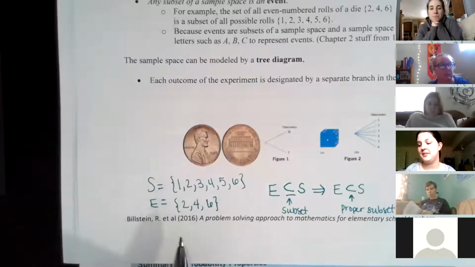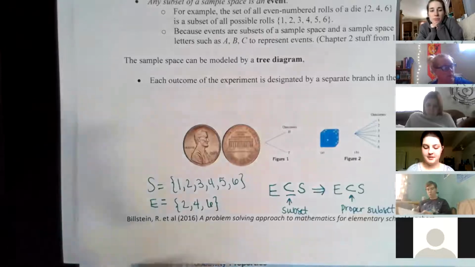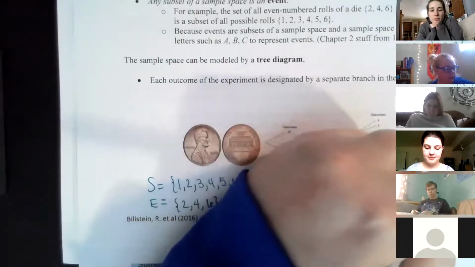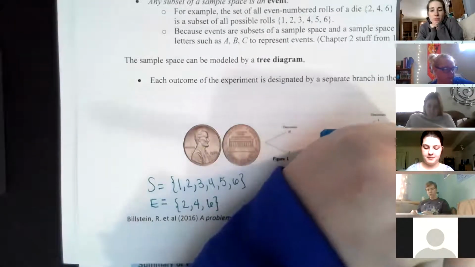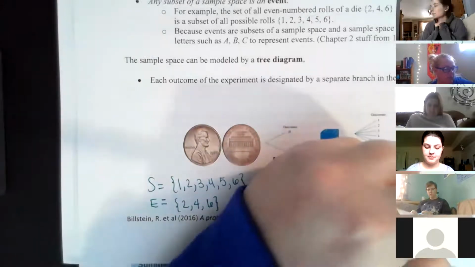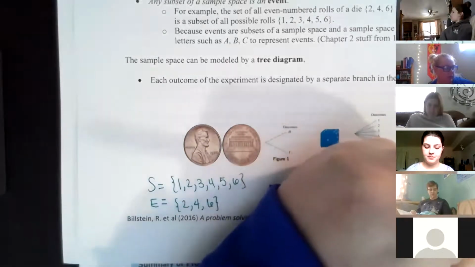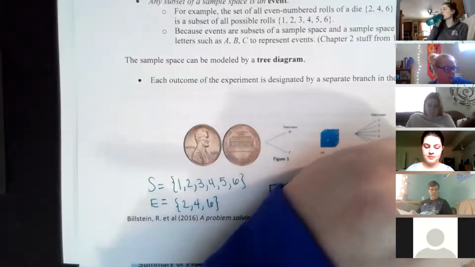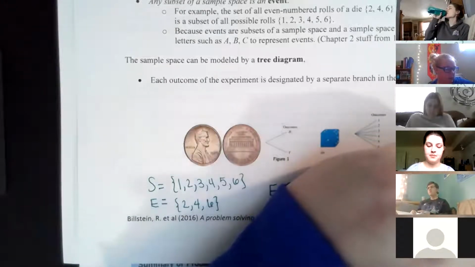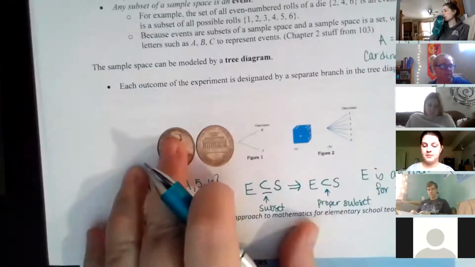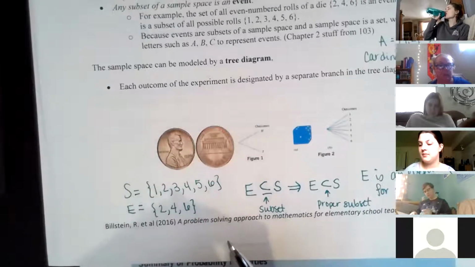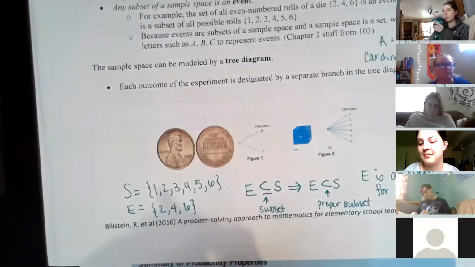So this would be an event. E is an event for sample space S. Just getting that lingo down.